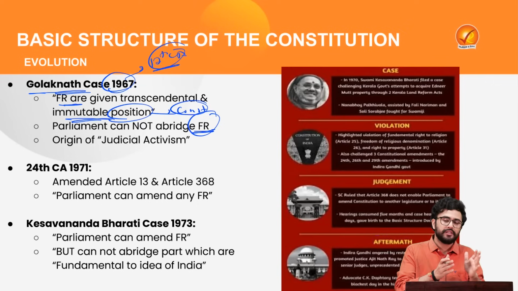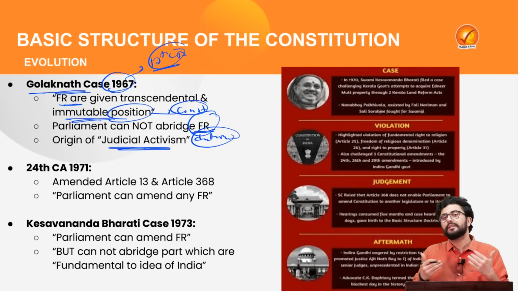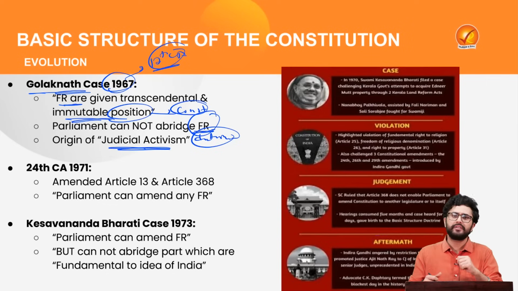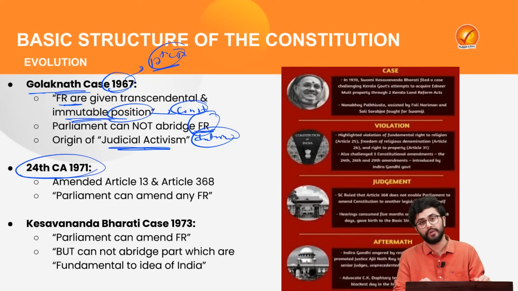This judgment in the Golaknath case is also considered as the origin of the judicial activism doctrine of the Supreme Court, which ultimately led to the tussle between the government and the court. Then, the government responded with the 24th Constitutional Amendment Act of 1971.